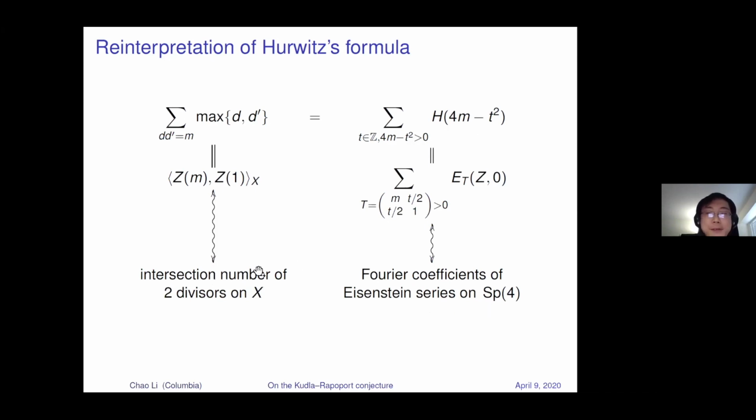But with this interpretation, you can see this quantity of course exists in vast more generality, so I can try to generalize this formula to a much more general setting.